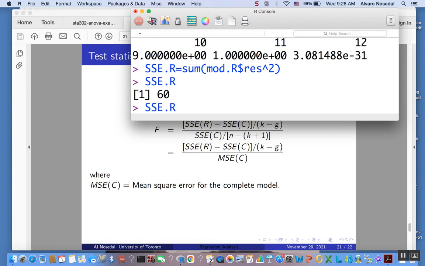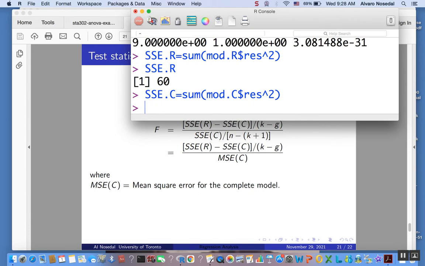Now let's do something similar for the complete model, and let's call it SSEC, the error sum of squares for the complete model. So the difference is going to be SSER minus SSEC.